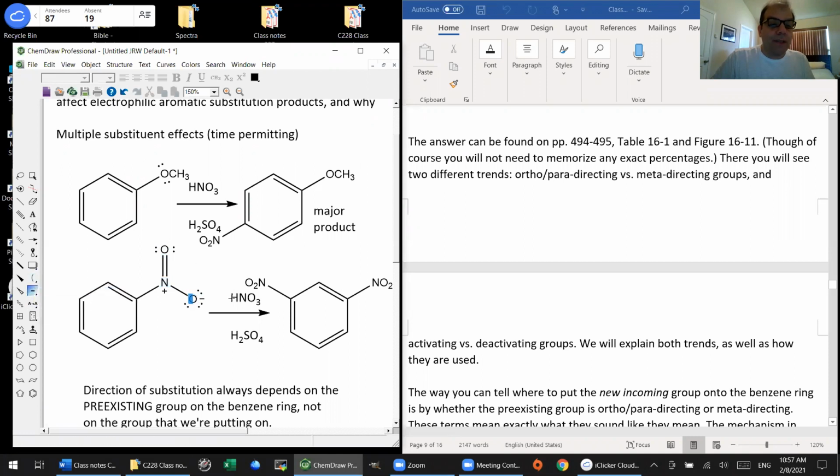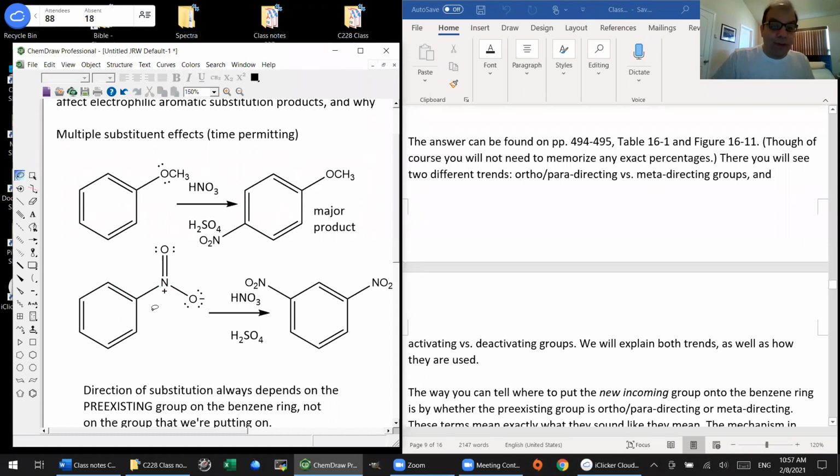But now if we look at the nitro group, yes, you do have these oxygens there too, but directly attached to the benzene ring, and therefore much closer to the benzene ring than either of those oxygens, is a nitrogen with a plus charge. And so that's why that group is electron withdrawing. It's because you've got a positively charged atom directly attached to the benzene ring. So that's going to suck electron density towards it.